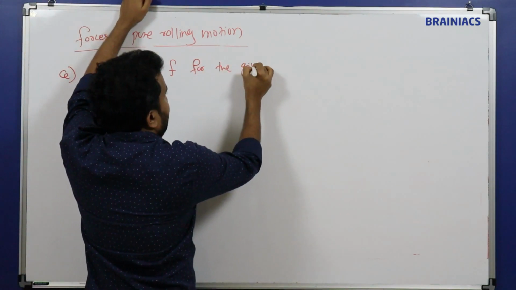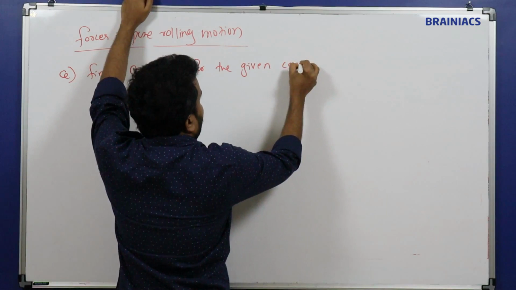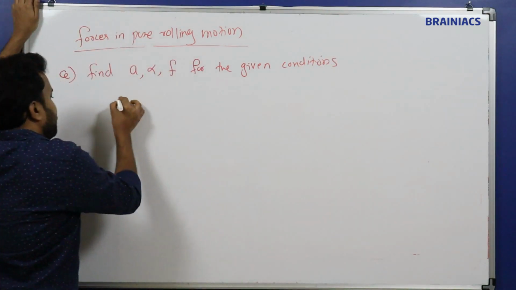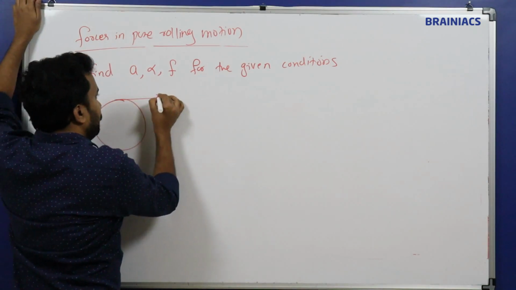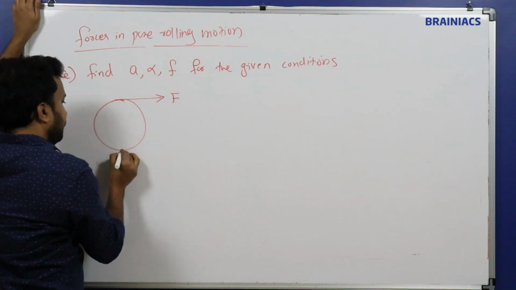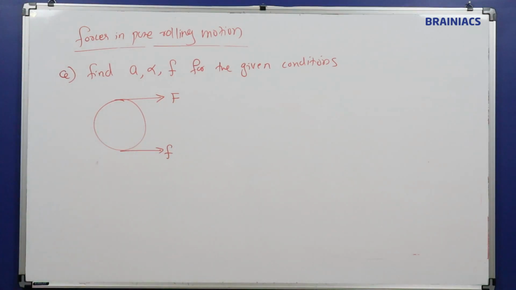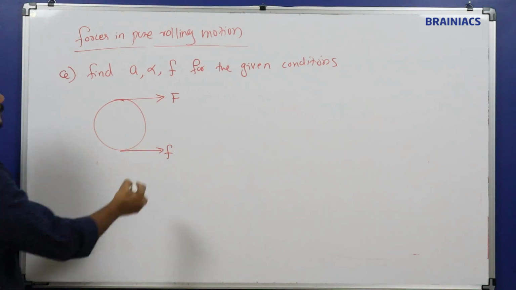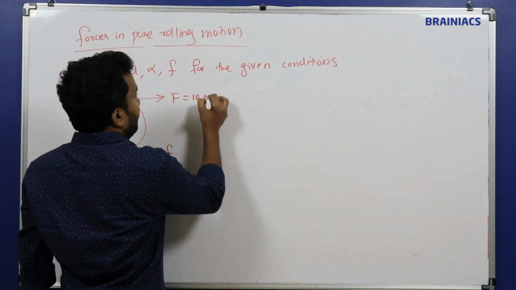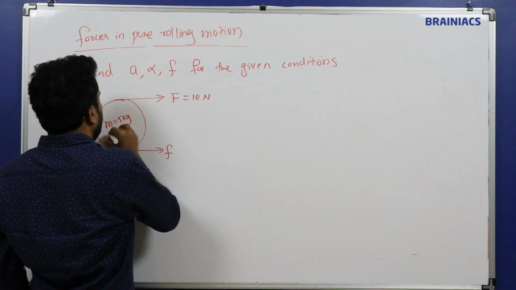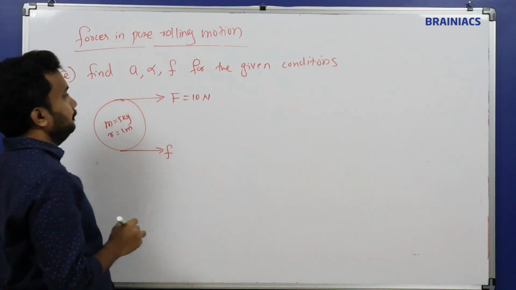Conditions means it's a ball, we push with F, and we have a frictional force. These two are given to you, and F is equal to 10 Newton, mass is equal to 5 kilogram, and radius equal to 1 meter.